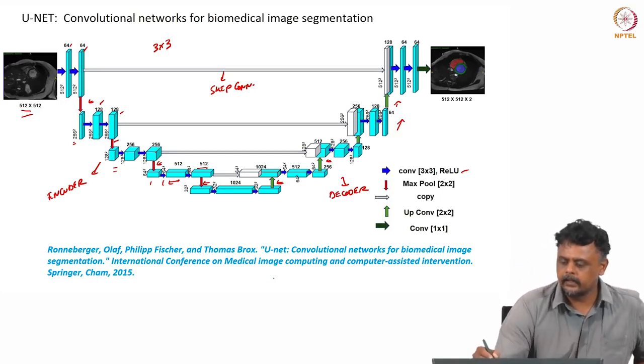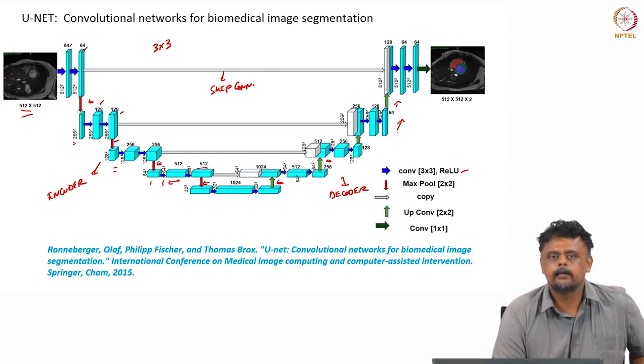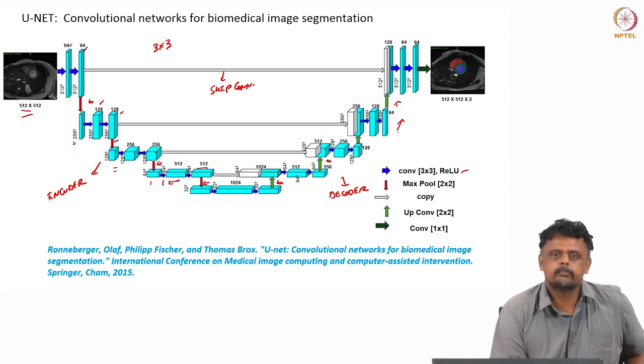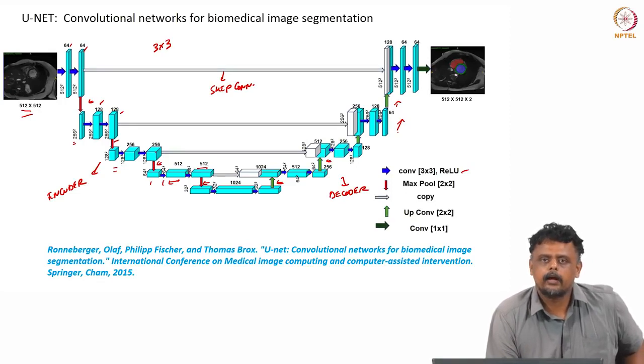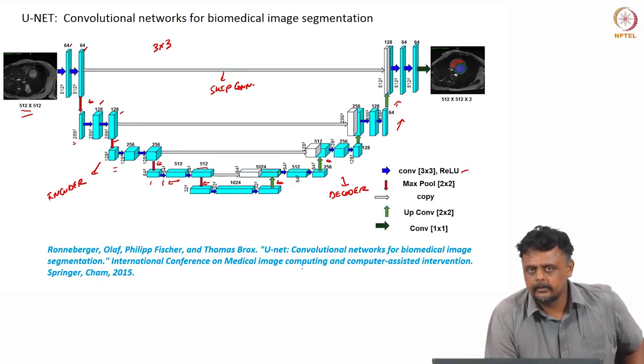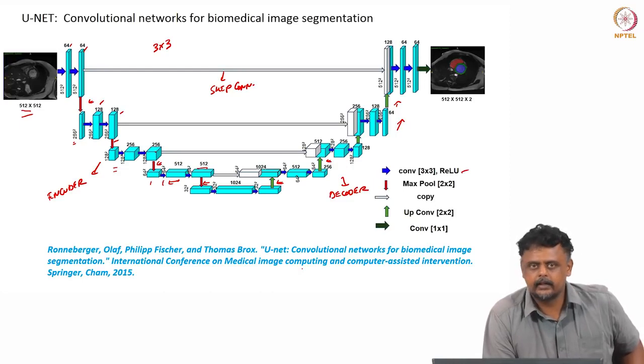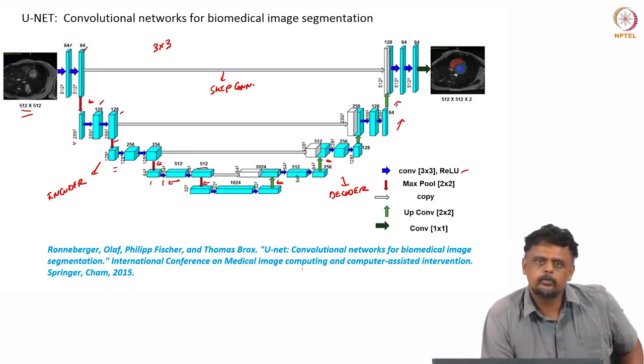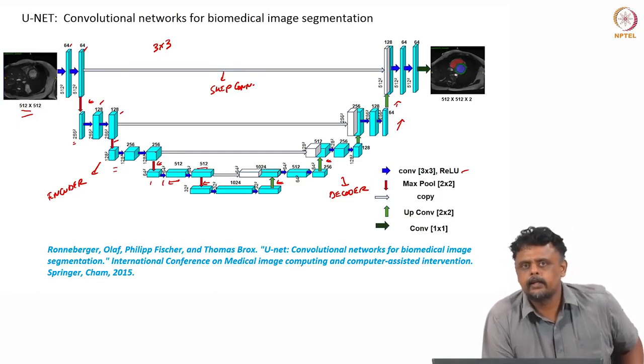So again, at every layer in the decoder side, you would go and find a corresponding feature map of the same size, of the same resolution, and add it. In this case, you can do a ResNet-like residual connection, or you can just concatenate. 1x1 convolutions can also be done to shrink the size of the feature map so that you don't have a feature map explosion on the decoder side.